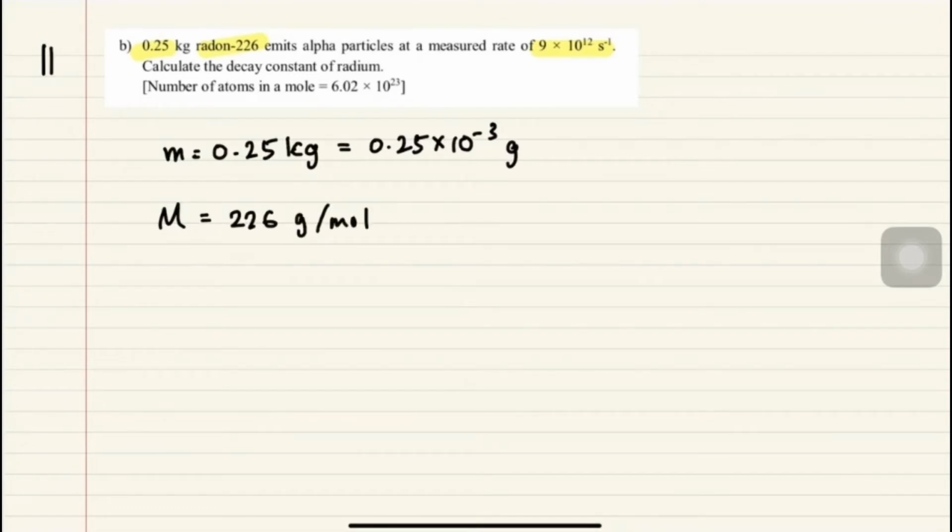It emits alpha particles at a measured rate of 9 times 10 to the power of 12. What symbol do we use to represent 9 times 10 to the power of 12? Rate.